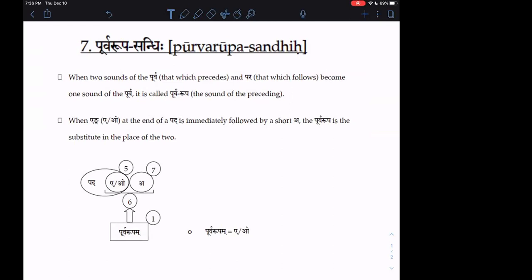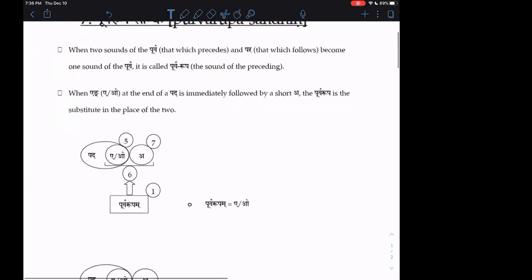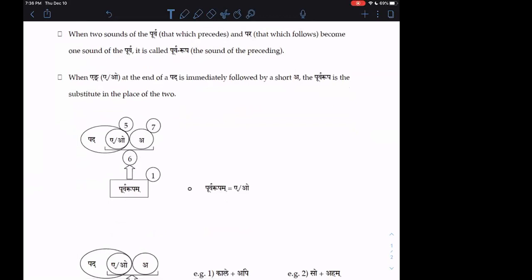So now specifically, this happens when you have ang. Ang means A or O. When I have ang, A or O, and that ang has to be at the end of a pada. Pada means word. Word can be tingantam padam or subhantam padam, so a noun or a verb. And that A or O at the end of a pada is followed by a short akara. It needs to be short.